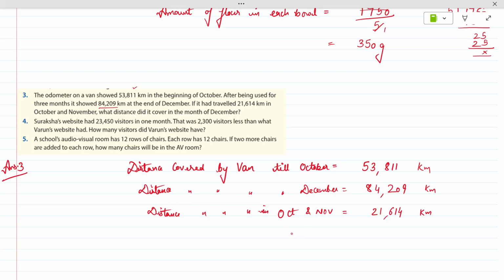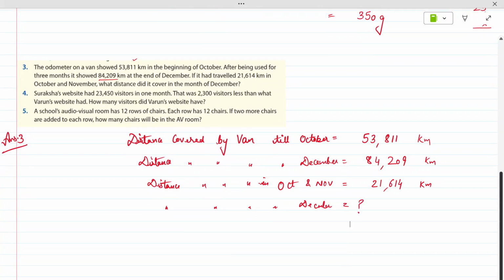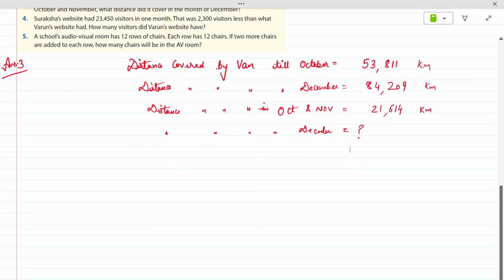We have to find the distance traveled by the van in December. This is our question. So let us try to do this question. See, first of all, what we have to do is find the distance which is traveled or covered by this van in these 3 months.